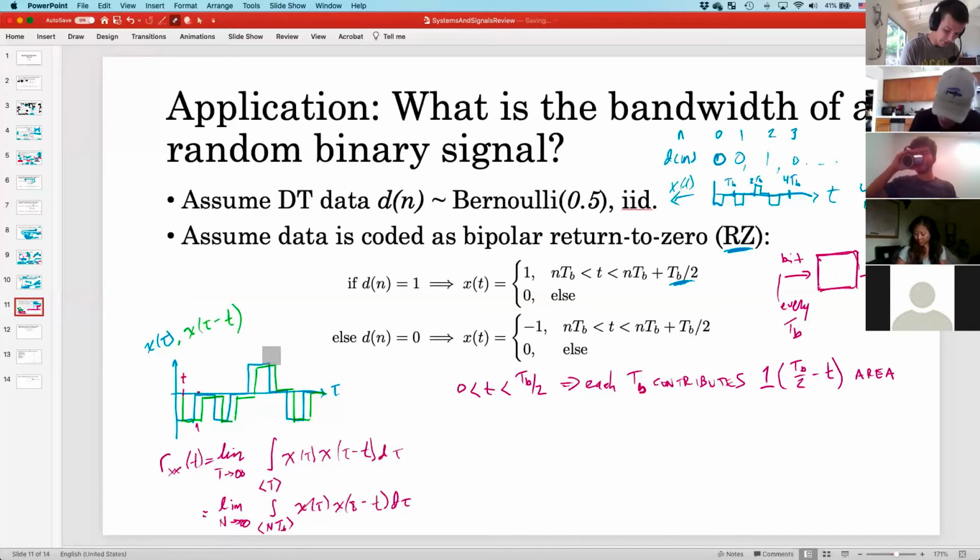Anyone need help interpreting that, or need me to explain that in a different way? So remember, this is TB over 2. Now, since every chunk of TB seconds on the tau axis contains 1 bit, and regardless if that bit was positive or negative, then the areas are going to flip to positive, and the width we're looking at is the distance between TB over 2 and t.